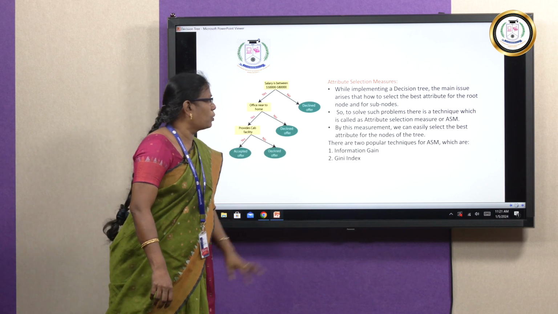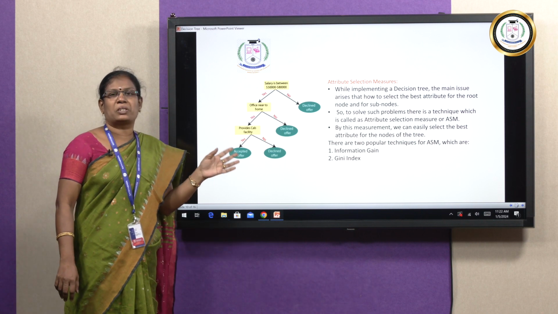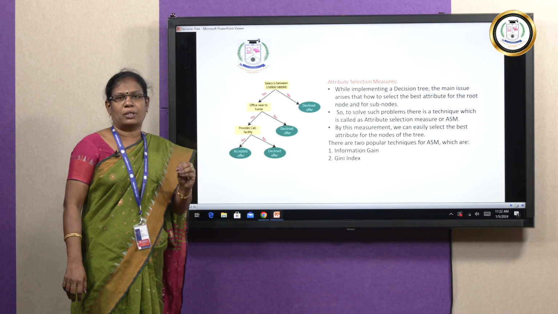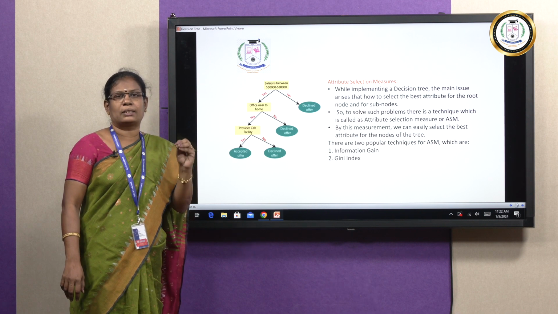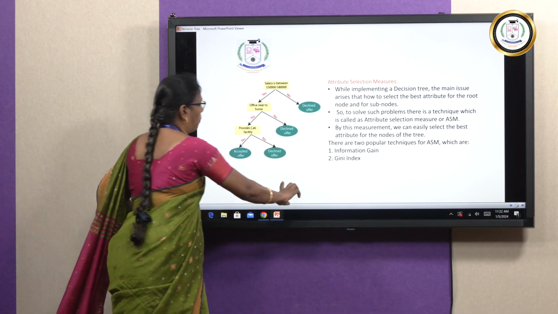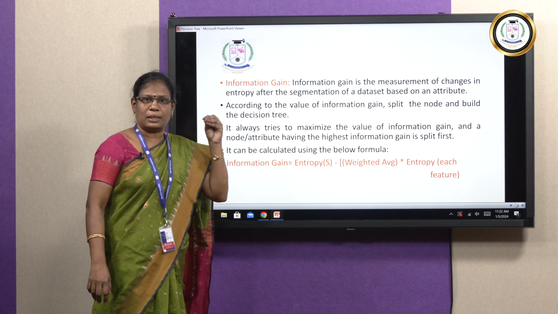Here we have information gain and Gini index. With the help of information gain only, we select the root node. The attribute having more information acts as the root node. The information gain is given by this formula: entropy of S minus the weighted average times the entropy of each feature. We find the entropy of each and every attribute.